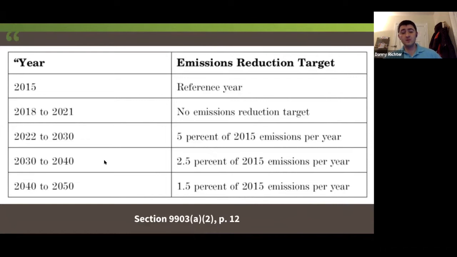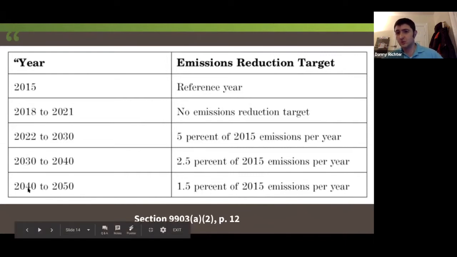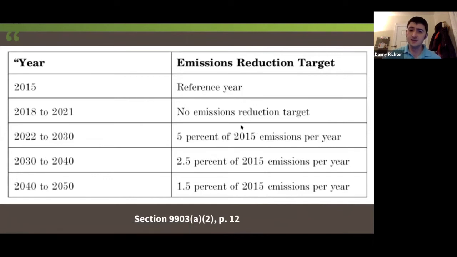So the points of confusion: here you see 2022 to 2030, and then you see 2030 again. That should probably be 2031. And this says 2040, and this should say 2041. So we are cleaning that up. Another thing that has to be updated when we reintroduce this is this schedule will not get us to a 90% reduction below 2015 emissions anymore.